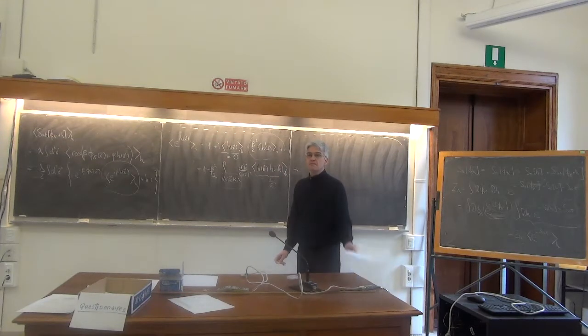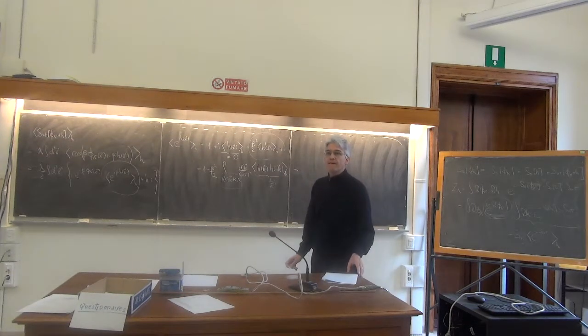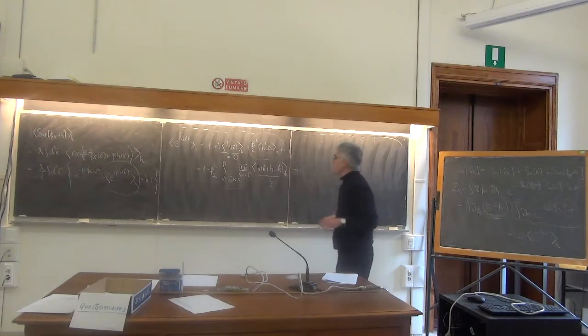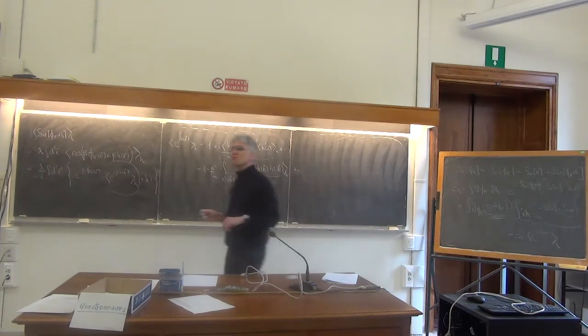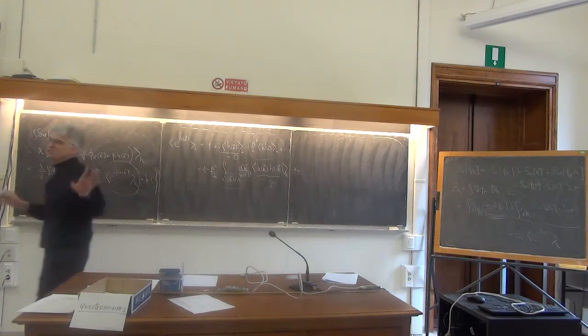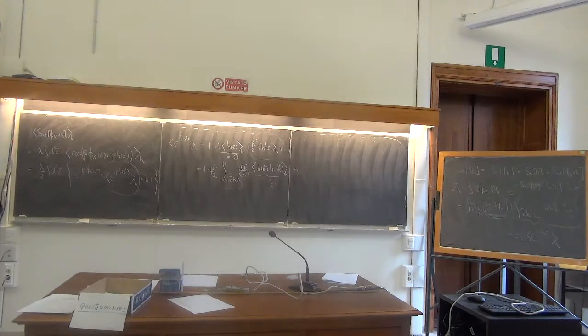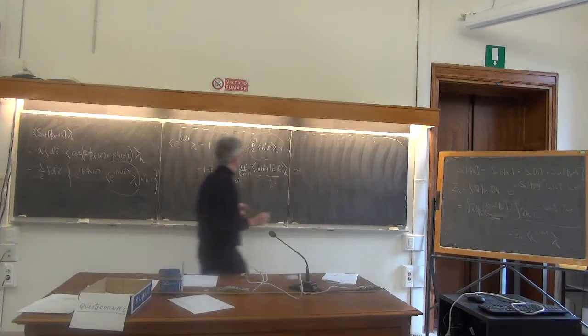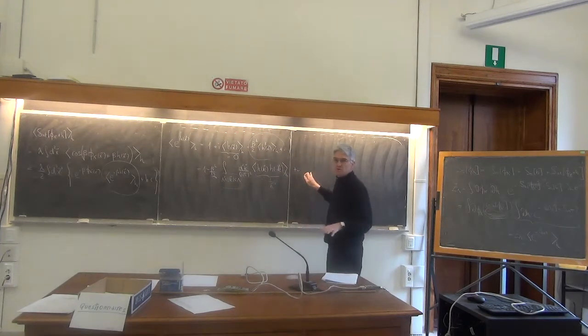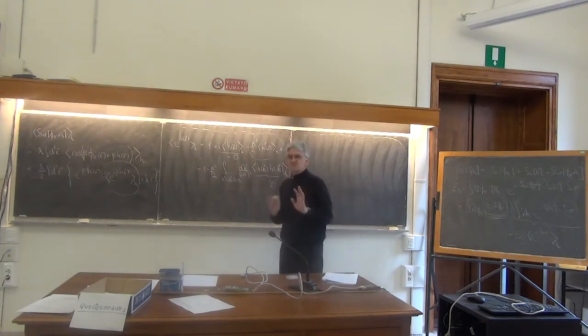Why do you make an expansion in h, in powers of h? I don't have to, but you'll see in a moment. I wanted to do it for a reason, because what will come out is that what I have here is actually small. And the only terms I want to retain in what I'm doing is actually this term.